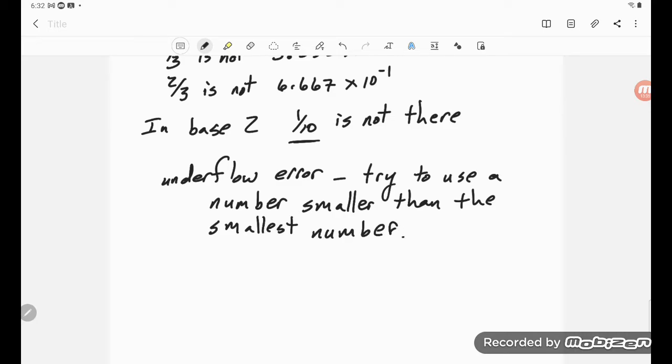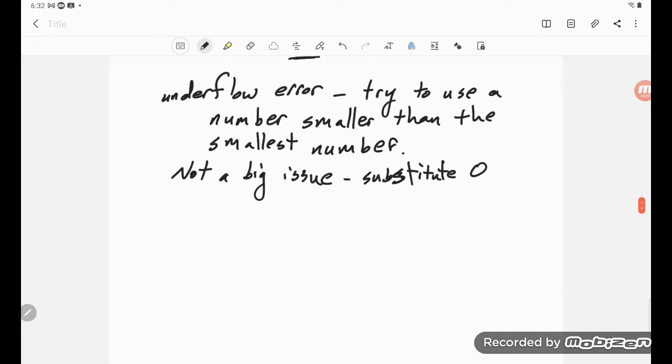Okay. Now, in general, not a big problem. Usually you'll get an error message, but it's not a big issue. As typically we just substitute 0. Okay, because it's really close to 0 anyway. But it's good to get that error so that you know you were trying to use a number that was very close to 0, but we couldn't actually do it.